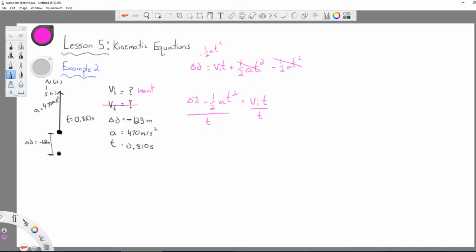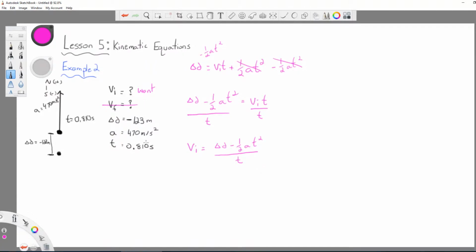So VI is equal to delta D minus 1/2 A T squared, over T. Now this will work.